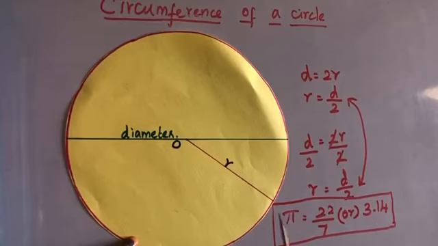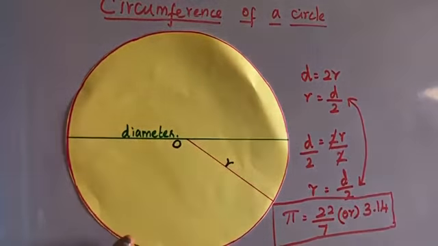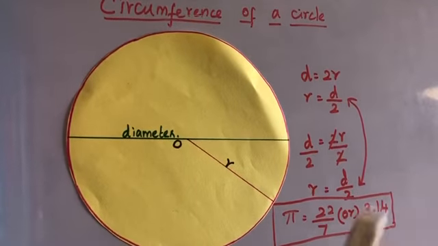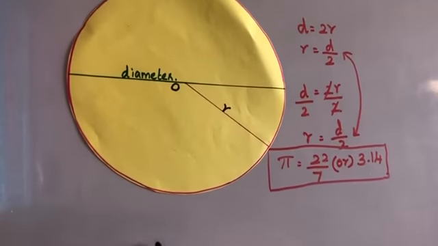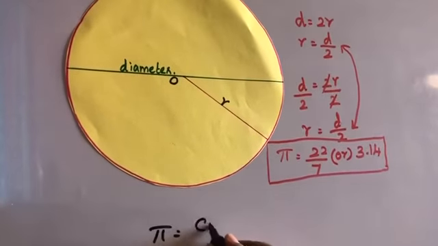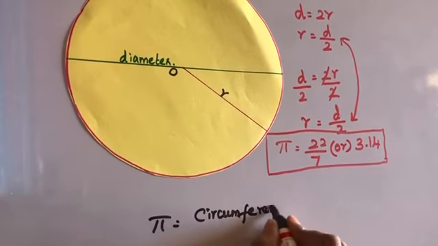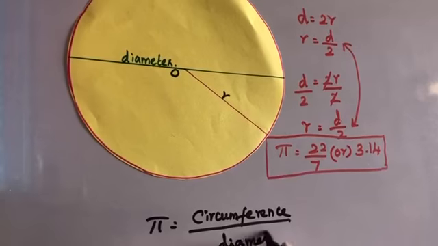If you divide the circumference by the diameter, you will get pi. So pi is equal to circumference by diameter.